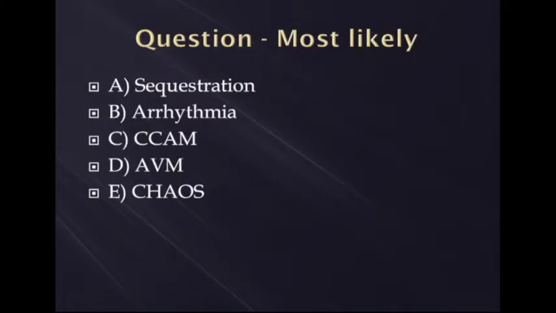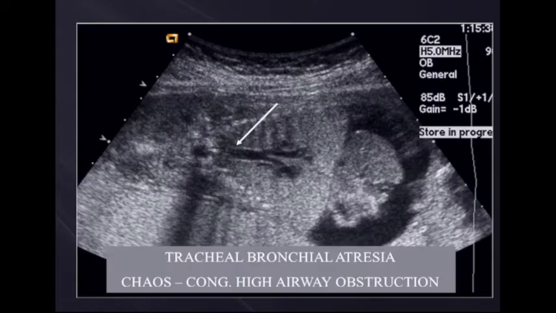Is it compressed by bilateral sequestration, CPAM, CCAM, etc.? And what this is, is congenital high airway obstruction, in which there's obstruction of the tracheal or bronchial tree here, and you get very echogenic lungs that in fact ended up compressing the heart and making for a very small heart.